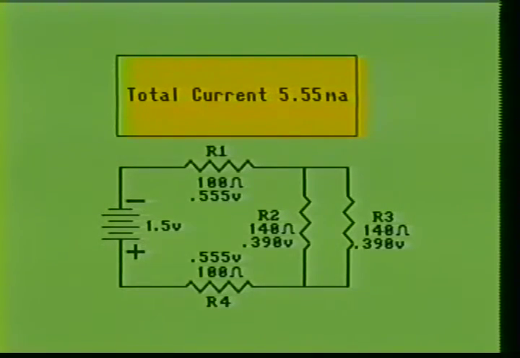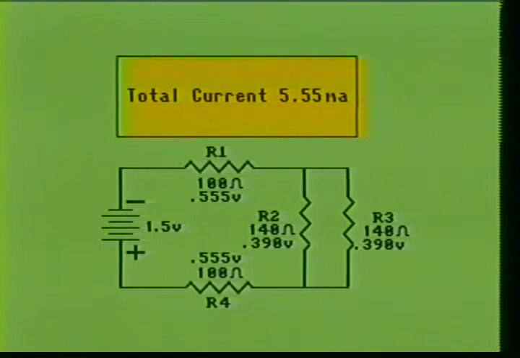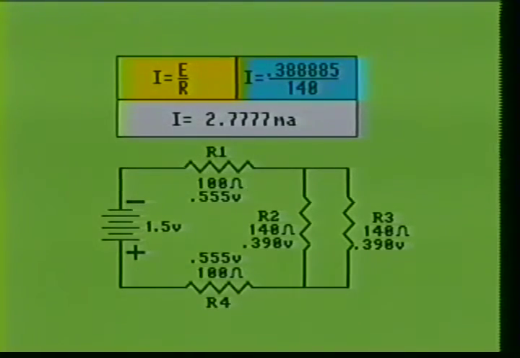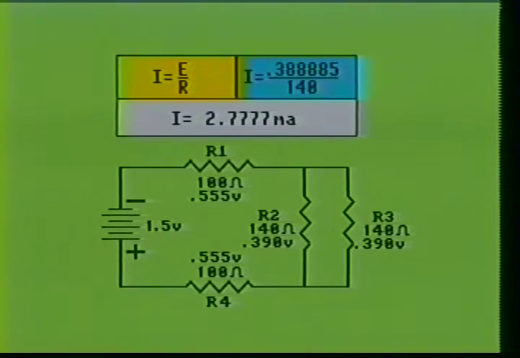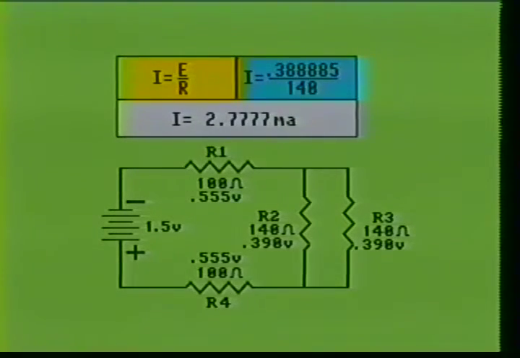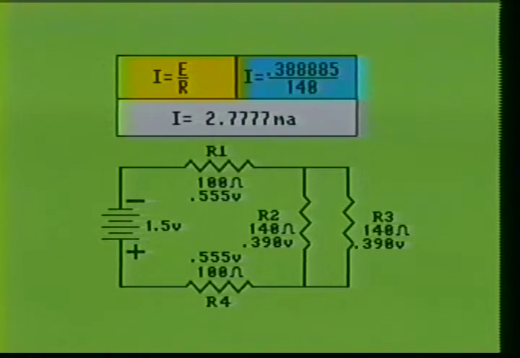Therefore, we will use Ohm's law formula I equals E over R to calculate for the current flow through the resistors R2 and R3. When we divide the voltage drop across R2 by the resistance of R2, it shows that R2 has 2.7777 milliamps of current flowing through it. When we divide the voltage drop across R3 by the resistance of R3, it shows that R3 has 2.7777 milliamps flowing through it. This is because R2 and R3 are the same value.